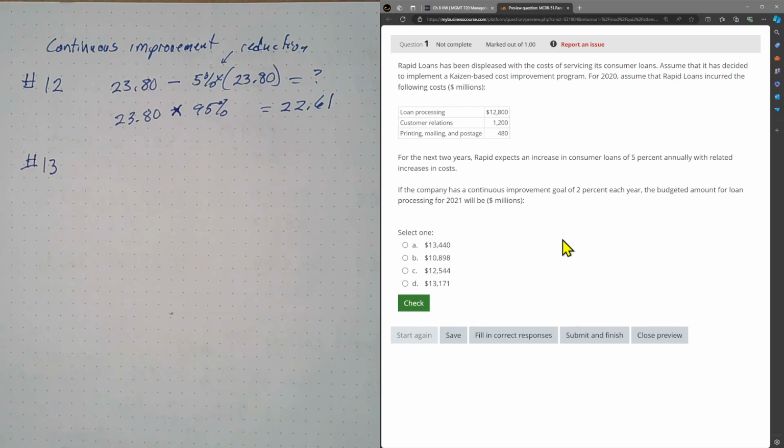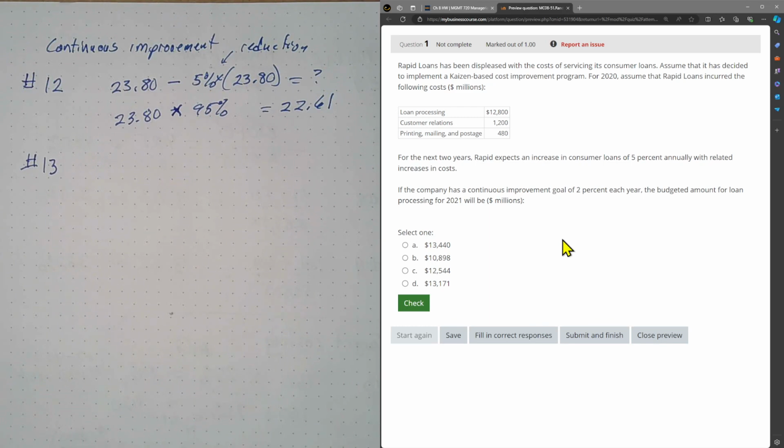Now, you notice they didn't tell us anything about sales, and we don't really need to know anything about the sales because these are just the costs. But if they basically say, if we increase consumer loans, our cost will increase alongside them just because we're doing more loans. So the idea is that we want to do more, but we want to start saving money. So we don't want the consumer loan costs to go up at the same rate as the consumer loan sales.